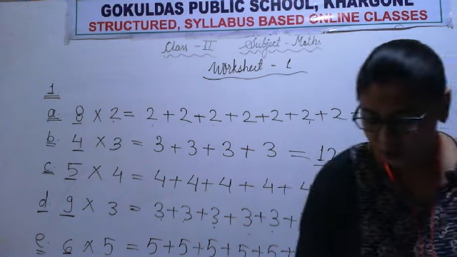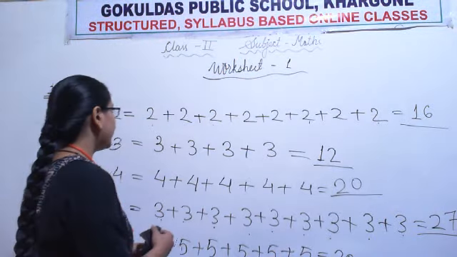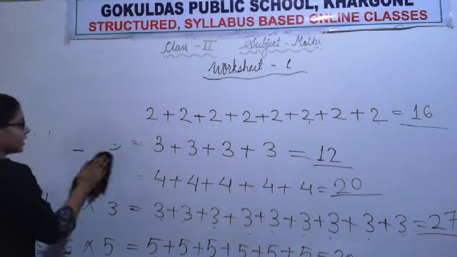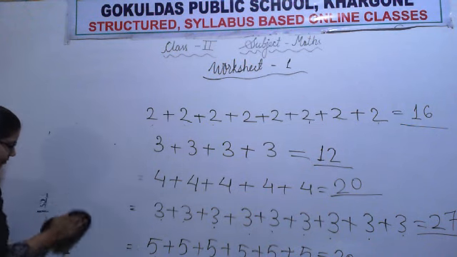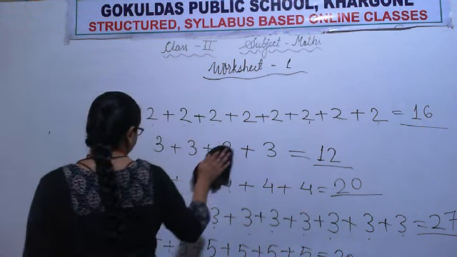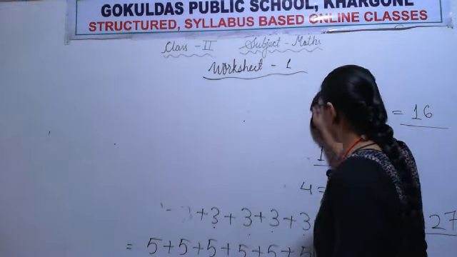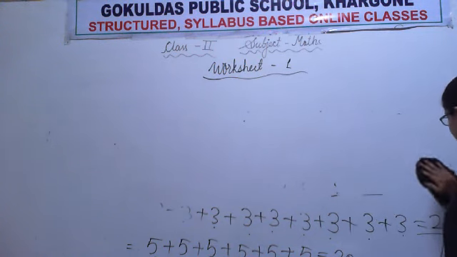So I hope you did it correctly. Very simple it is. As we know that multiplication is repeated addition. So we had written the repeated addition form of multiplication statements.